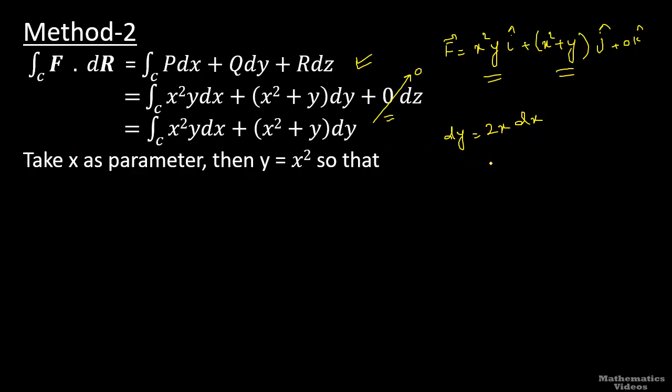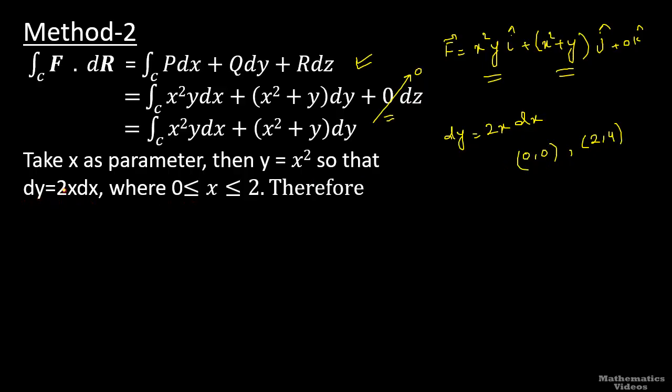As I have already illustrated, x varies from 0 to 2 because we have the portion of the parabola which starts from the origin and ends at the point 2, 4. So therefore dy is equal to 2x dx, and x varies from 0 to 2. Hopefully this was clear to you.